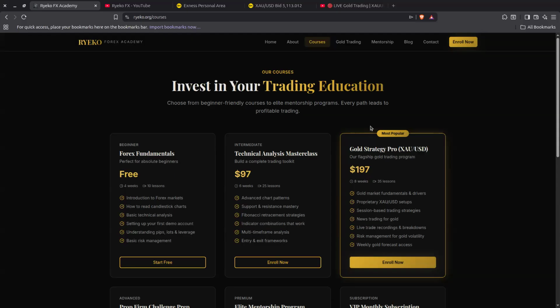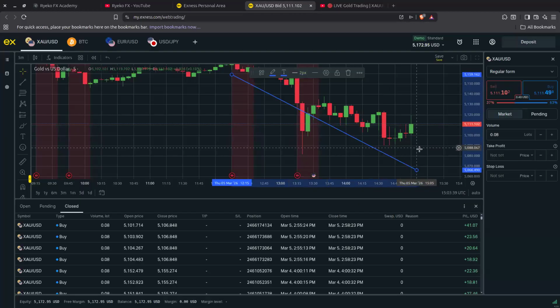We're doing the free technical analysis masterclass here. Not indicators, just trading in the direction of the candlestick. I've always told you to avoid chasing candlesticks.